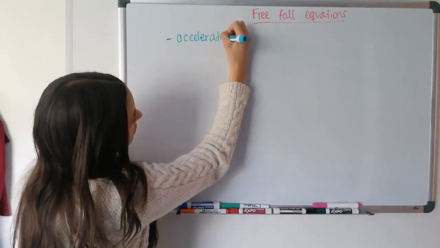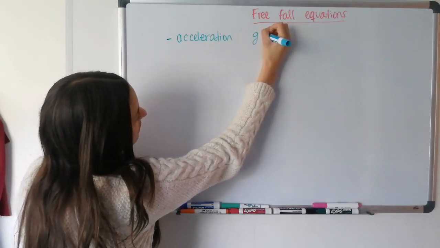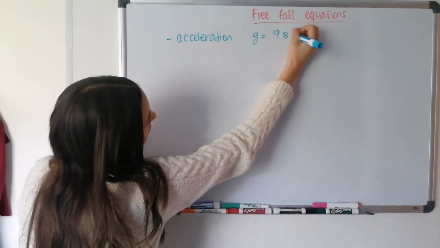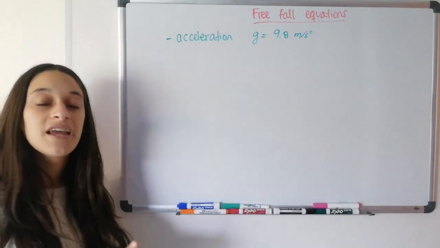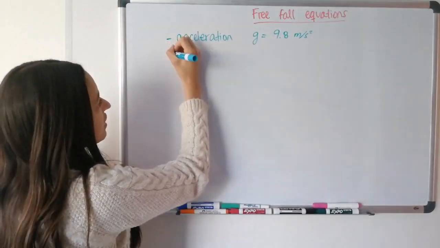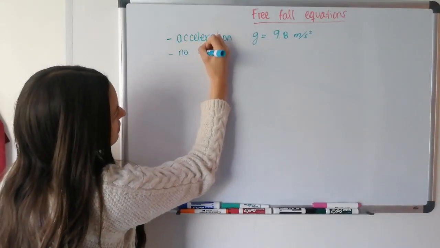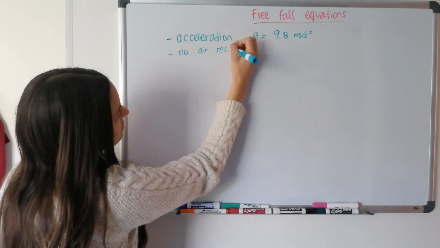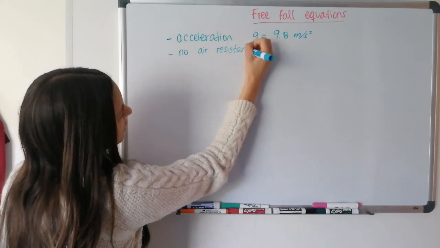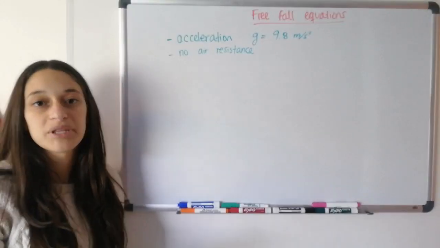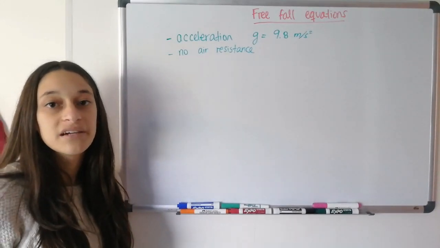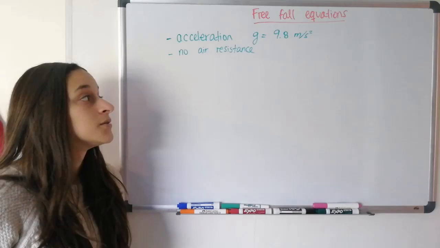Acceleration is called g, and it's equal to 9.8 meters per second squared. That is one thing. Now, because it's free fall, we can also say there is no air resistance. So in every example that we're going to solve, we can ignore air resistance completely. We won't talk about it again in exercises.